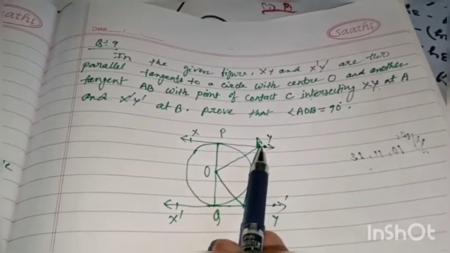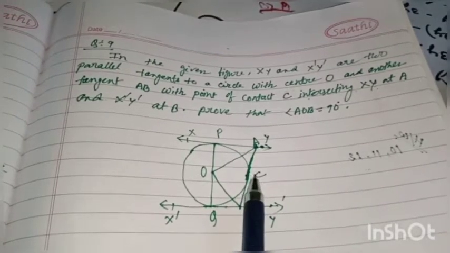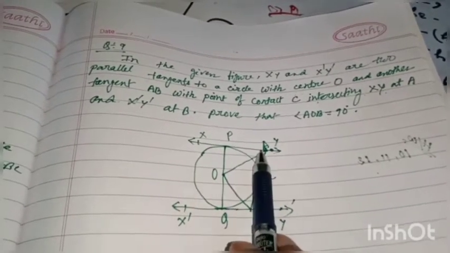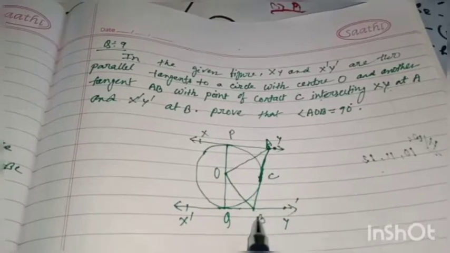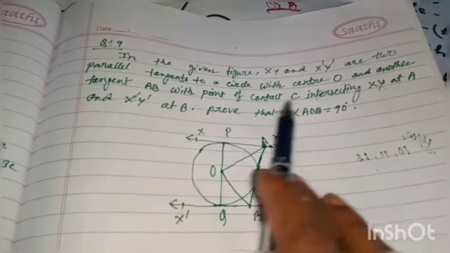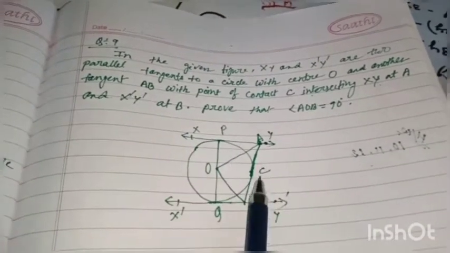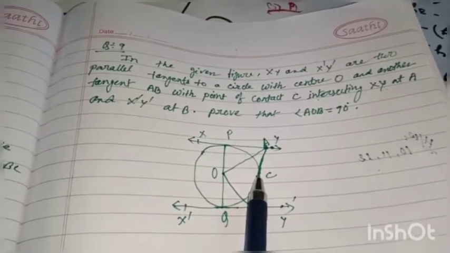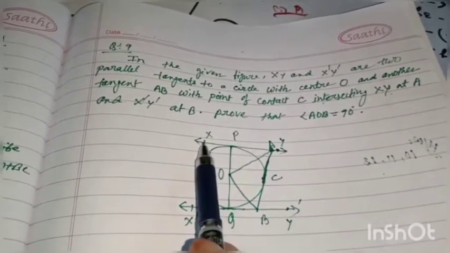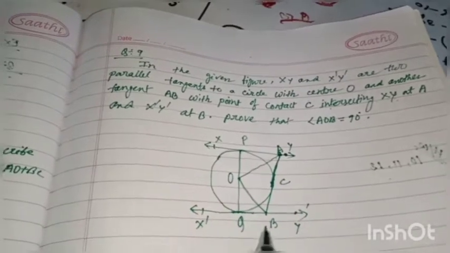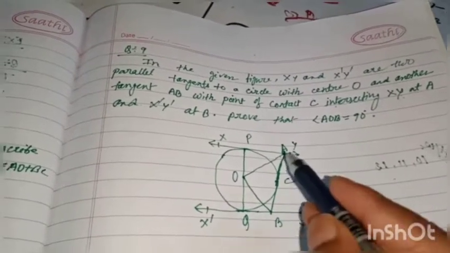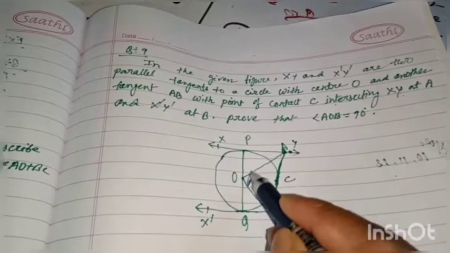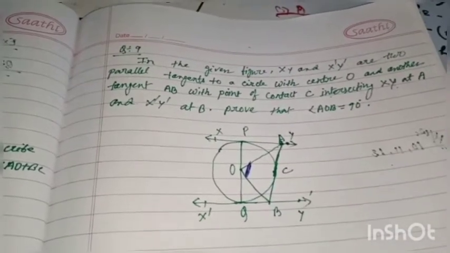There is one more tangent, AB, with point of contact C, and A lies on XY and B lies on X dash Y dash. You need to find this measurement, AOB.